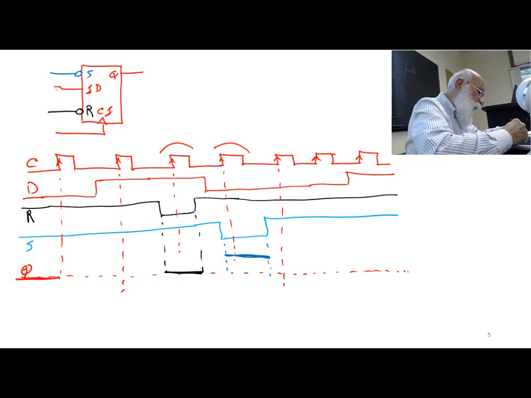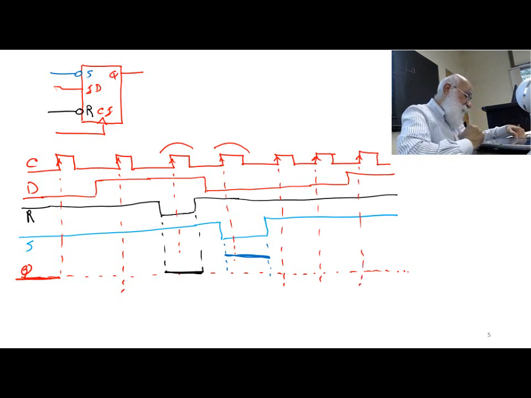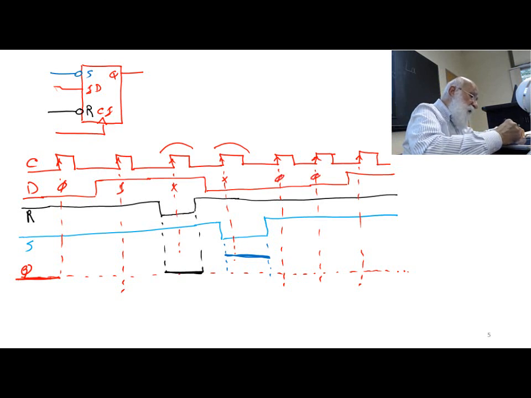During this, both S and R are not active, and therefore the D input will be taken. So here I have a 0, here I have a 1, here doesn't really matter what I have, here doesn't matter what I have, this is a 0, this is a 0, this is a 1.